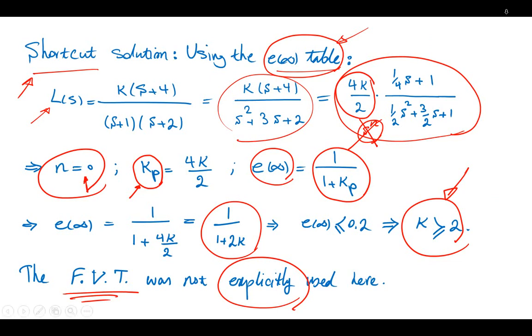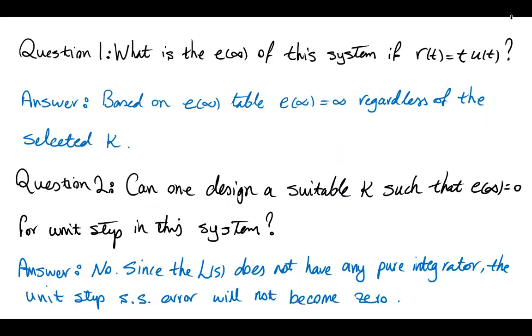Now let's discuss a few questions. Question 1: what is the steady state error of this system if the input is not a unit step? It's actually a ramp.